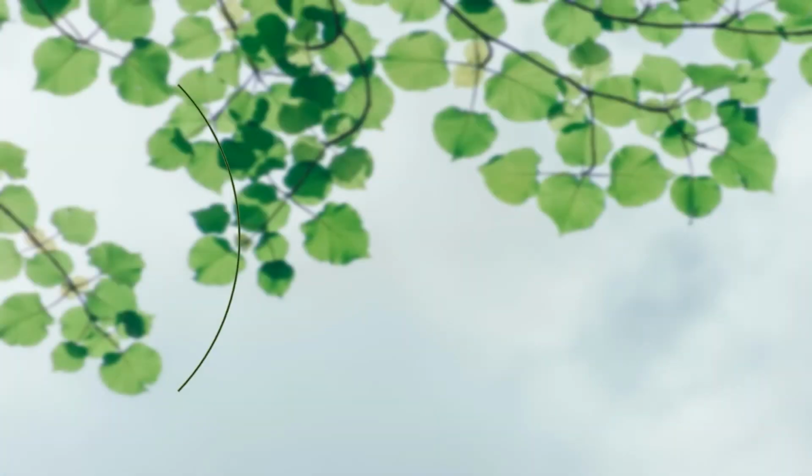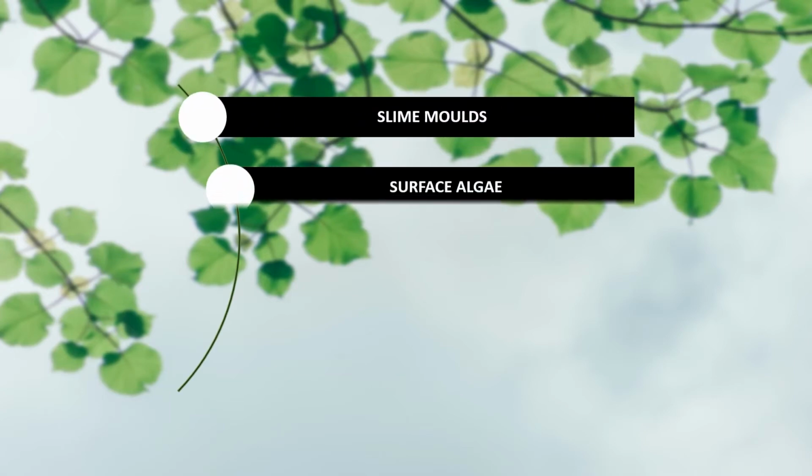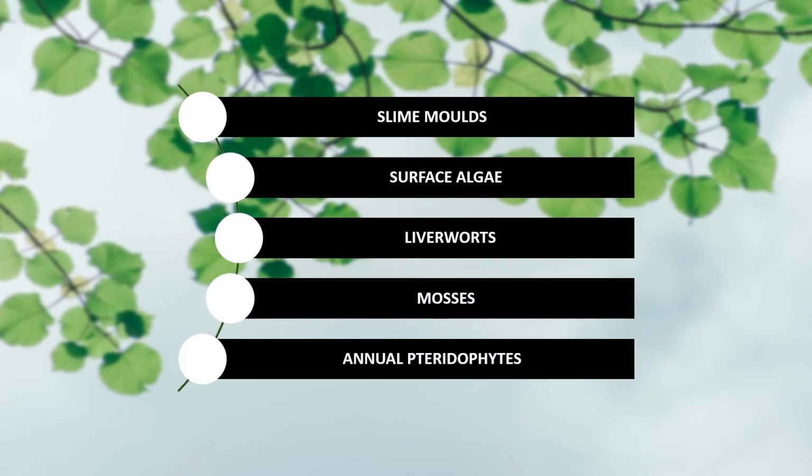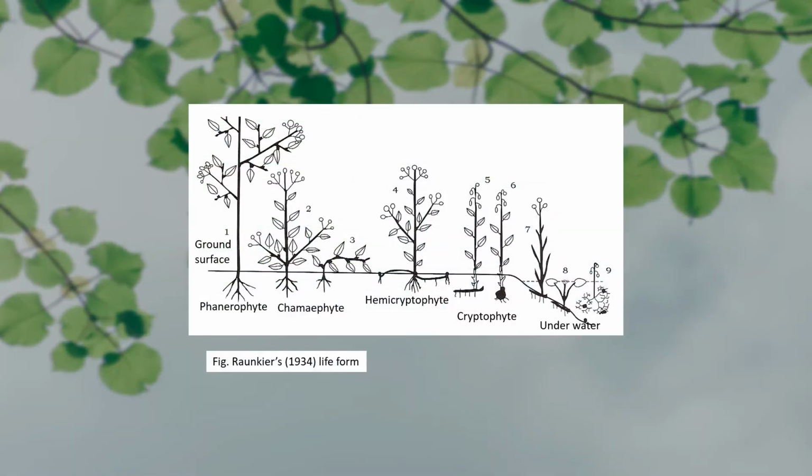The slime molds and the surface algae, the liverworts and the mosses, and the annual pteridophytes also come under this category. So you can see in this diagram the different life forms: the phanerophytes, the chamaephytes, the hemicryptophytes, the cryptophytes and the therophytes.